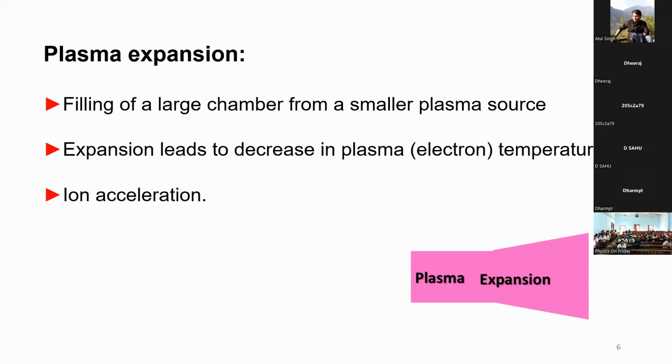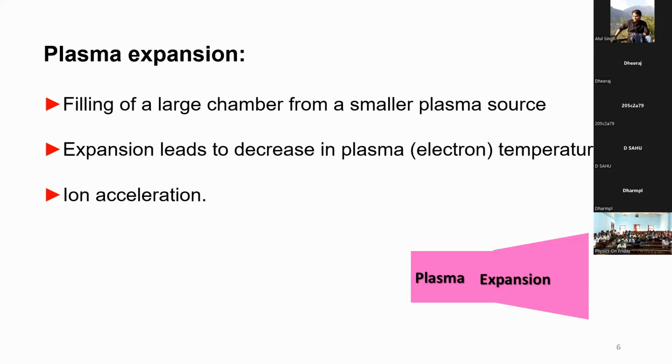Creating the plasma needs a really high electron temperature, but when you want to utilize it for different applications, depending upon the application, you need that electron temperature to be reduced.